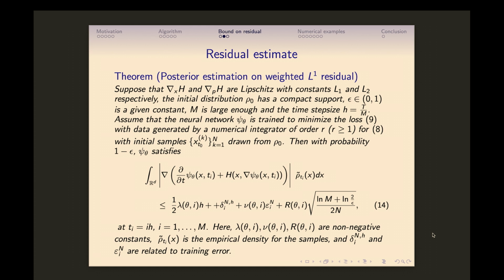And then those are small parameters. I mean, those are constants. Those lambda, mu, and r are constants. And those delta and epsilon are small numbers that depend on the neural network that you pick. It is not saying every neural network will do a good job. Of course, a good neural network will make that smaller, and a not so good neural network will make it bigger.